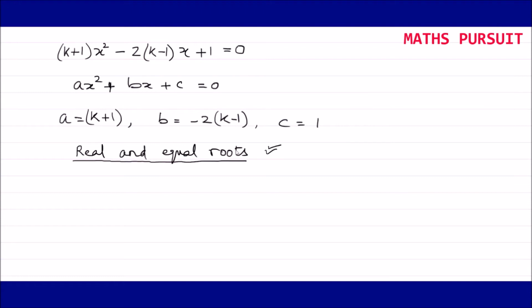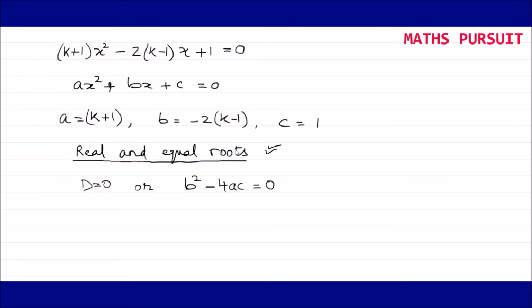So what does it mean? If a given quadratic equation has real and equal roots, then the discriminant is equal to 0. Discriminant means nothing but b^2 - 4ac = 0. Hope guys we know all these things by this point of time. I'm not going to tell how or why, like what happens when b^2 - 4ac is equal to 0.